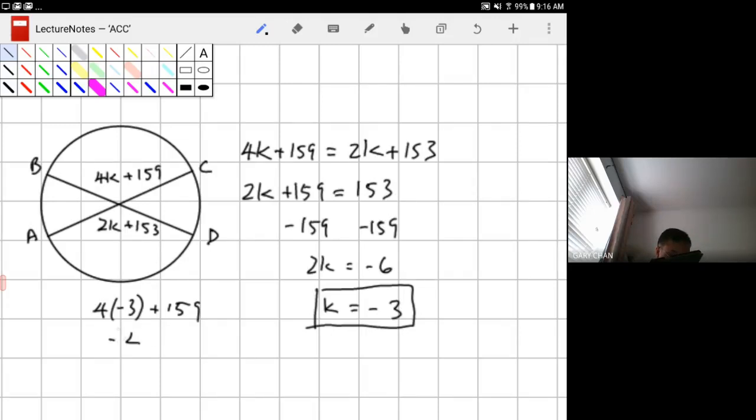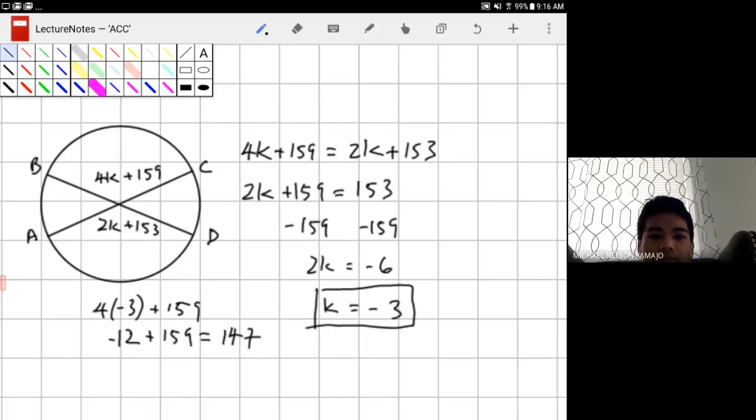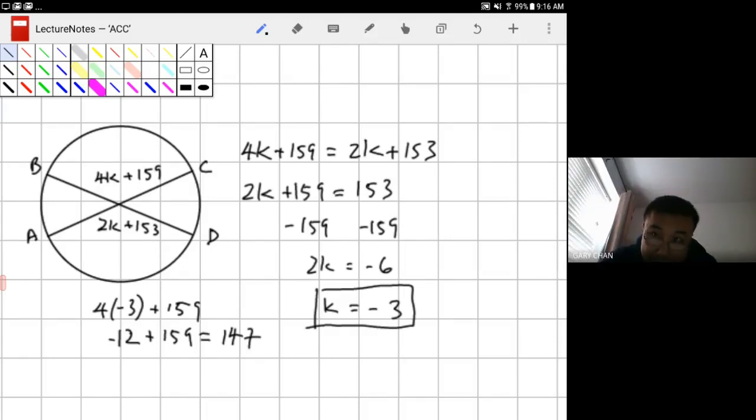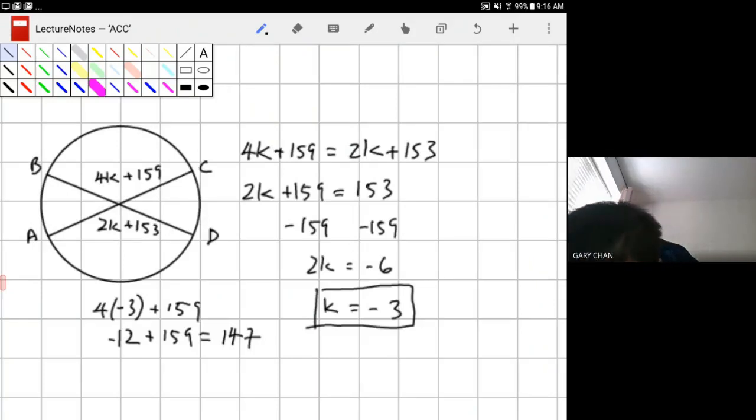We end up with negative 12 plus 159, which comes out to 147. And if I pop that in, we should get that nice sounding bell. Okay, and we're going to move on to the next one.